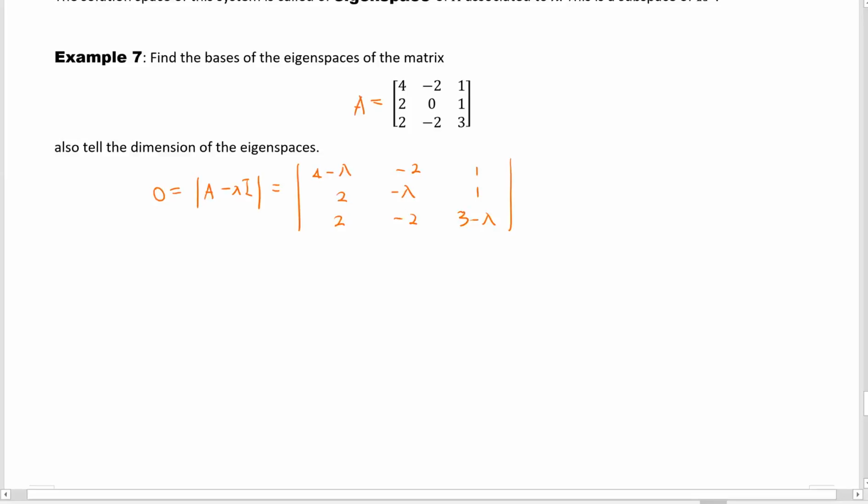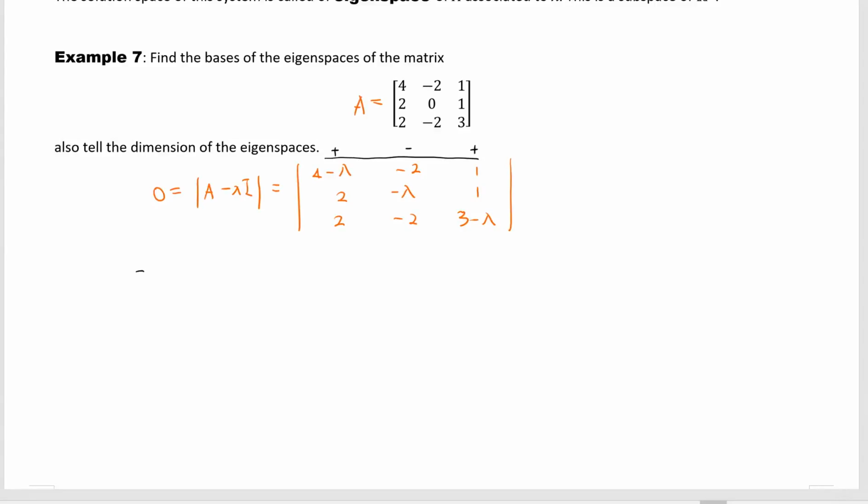Okay. Ooh. Determinant. How do we calculate it? Cofactor expansion. Choose one of the rows or columns. So here all of them have the same difficulty, so let's use the first row. So this is plus, minus, plus. That means 4 minus lambda, negative lambda, negative 2, 1, 3 minus lambda.